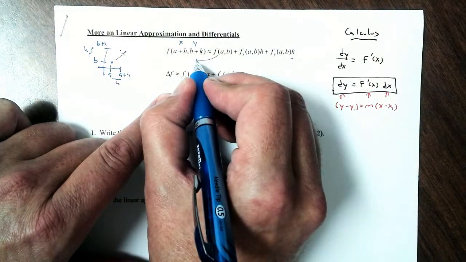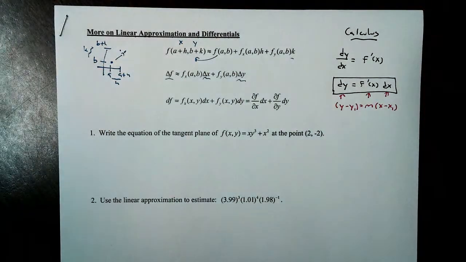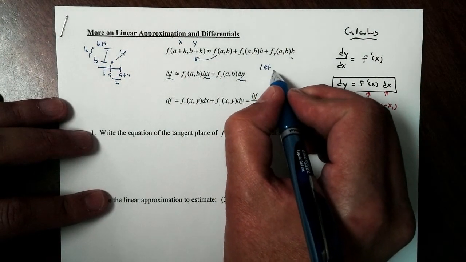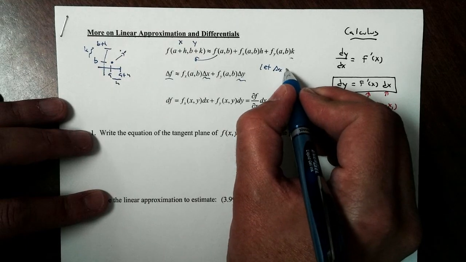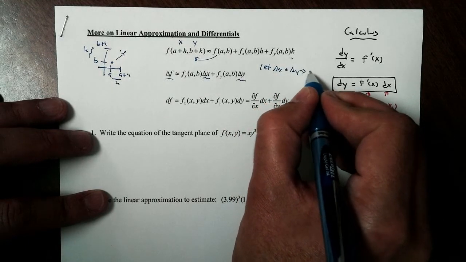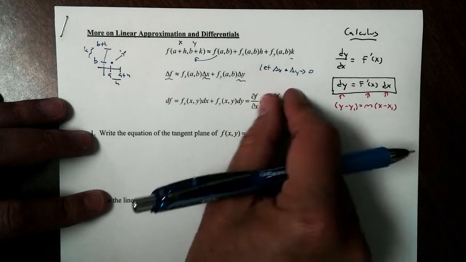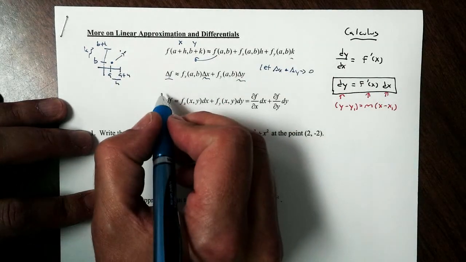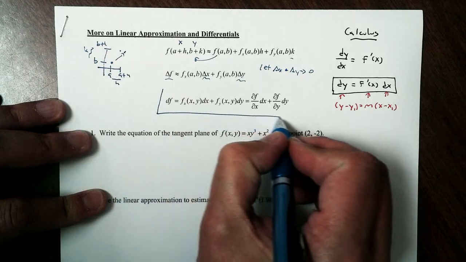By bringing the f over here, we get the change in f. That's really all that means. And now we're just going to let delta x and delta y go to 0. Get them really small, and what happens is we get that derivative. And that's what we wound up with right here.